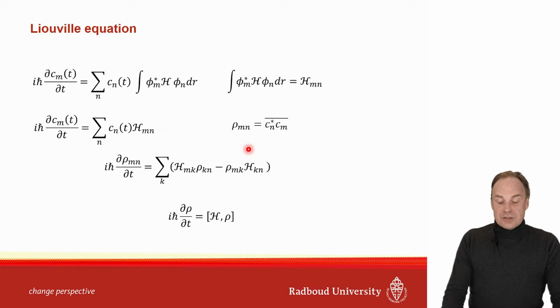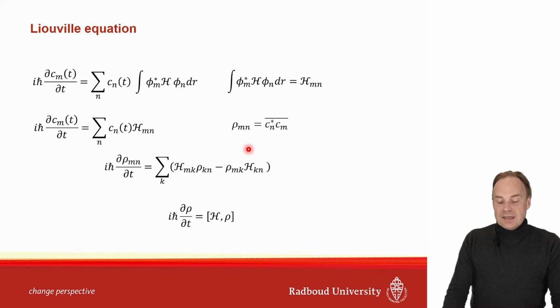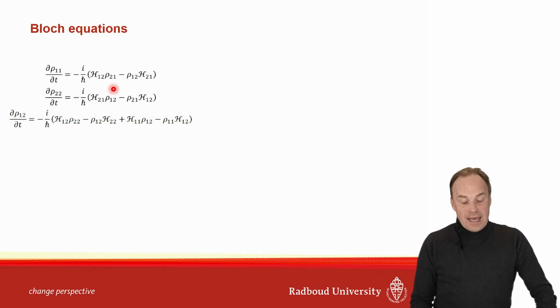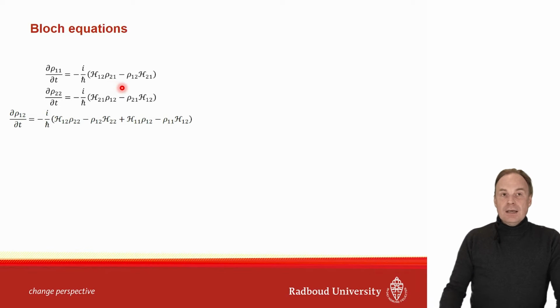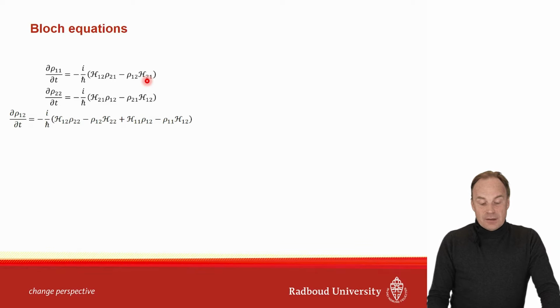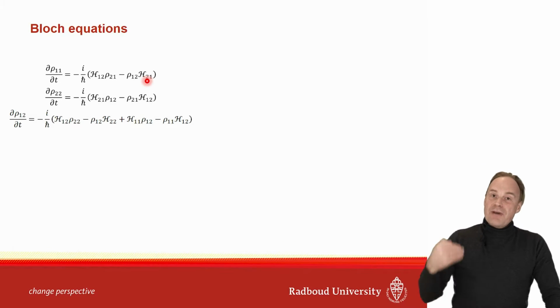It tells you that for every element of the density matrix, its time dependence is equal to a certain element of the trace of the Hamiltonian and the density matrix.